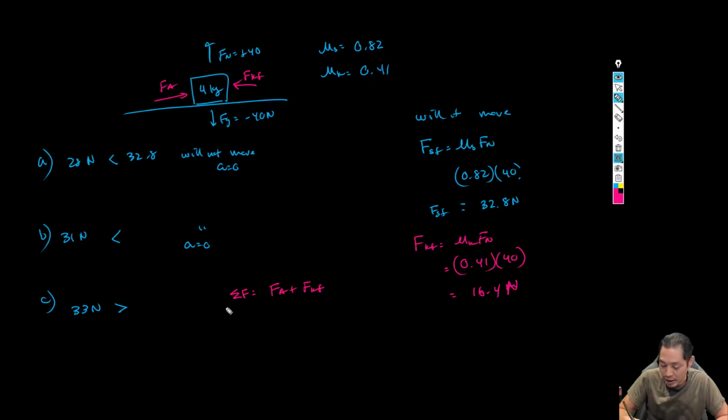M is 4, A equals force applied, in this case 33, minus kinetic friction, which is 16.4. And then you get whatever this is divided by 4, because I don't have my calculator with me, 4.15 meters per second squared.